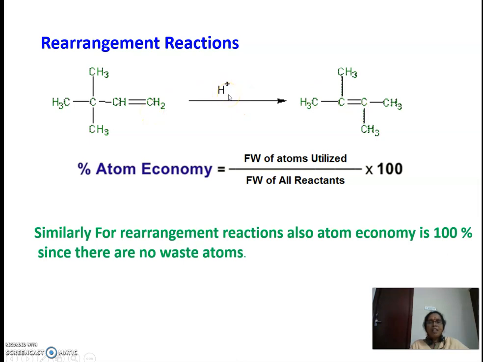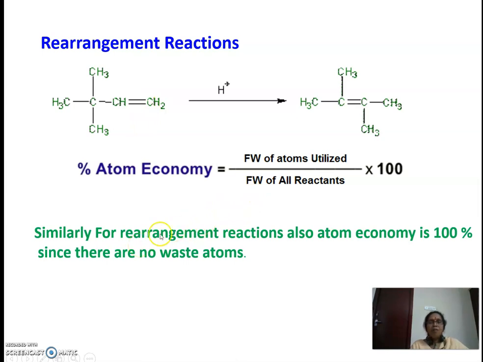It is used in the reaction, and in the final step it is regenerated. Therefore, here also the formula weight of atoms utilized is equal to the formula weight of the reactants, and hence the atom economy is equal to 100%.